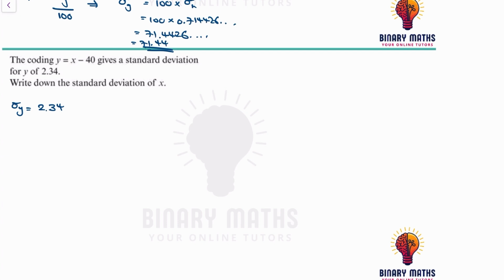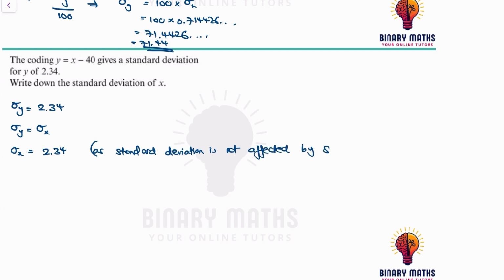Now using the coding, sigma of y is not affected by subtracting 40, so it's just going to be the standard deviation of the original data, which means sigma of x is equal to 2.34, as standard deviation is not affected by subtracting.